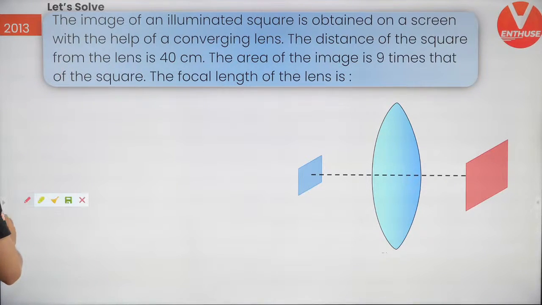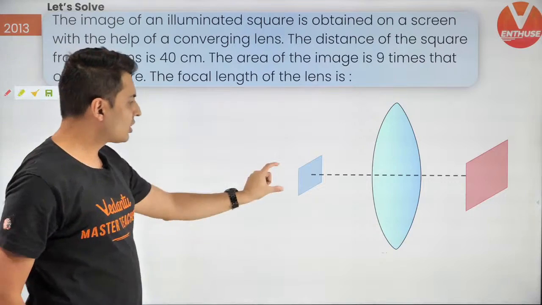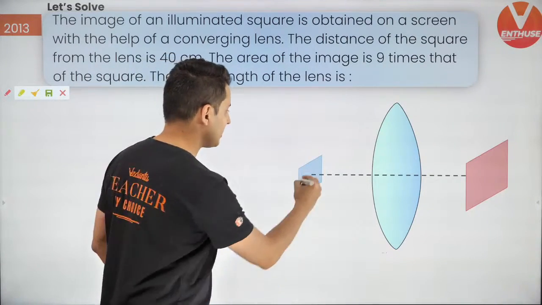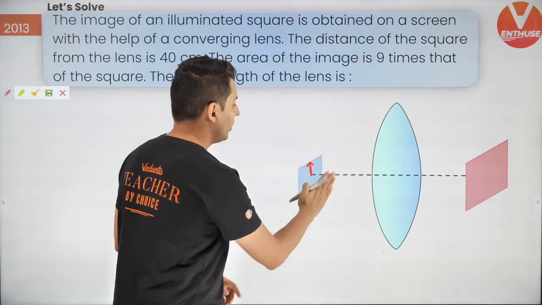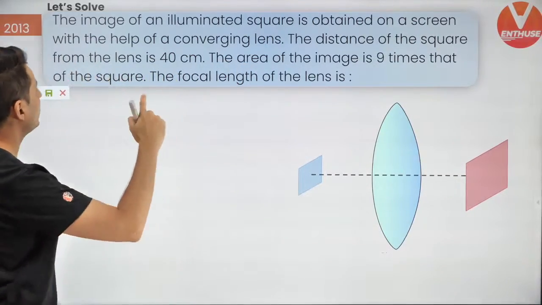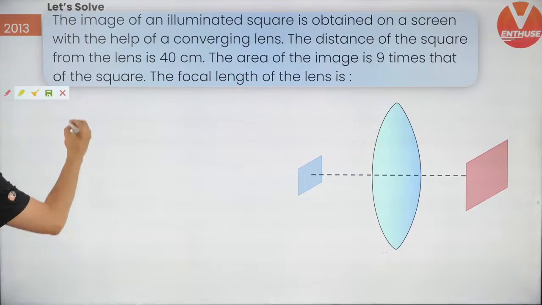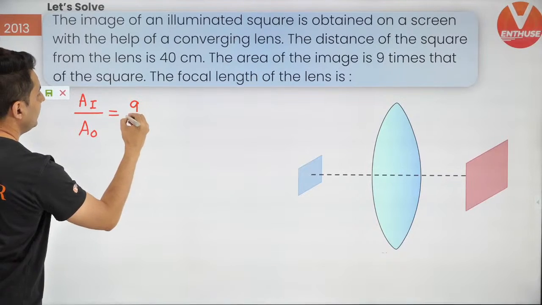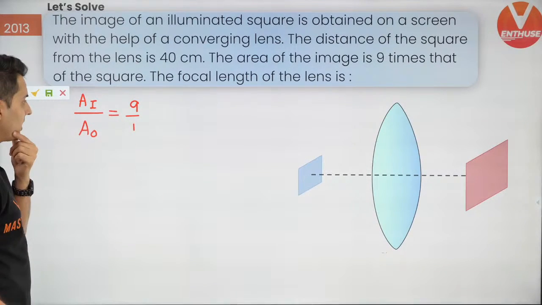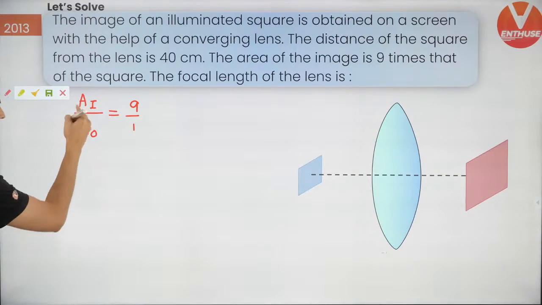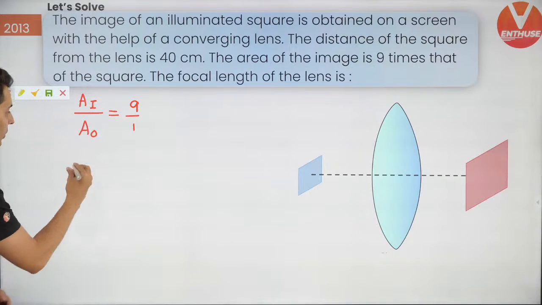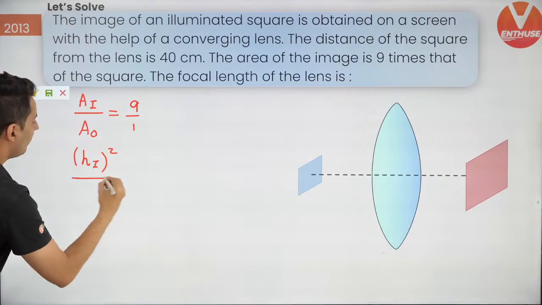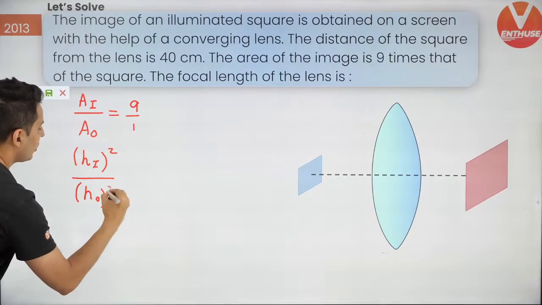Now, understand, the square will have some height, some base, etc. Correct? There will be some height of that square. Now, if I tell you the area is 9 times, so area of the image upon area of the object is 9 times that of the object, then isn't area proportional to height of the image square upon height of the object square?